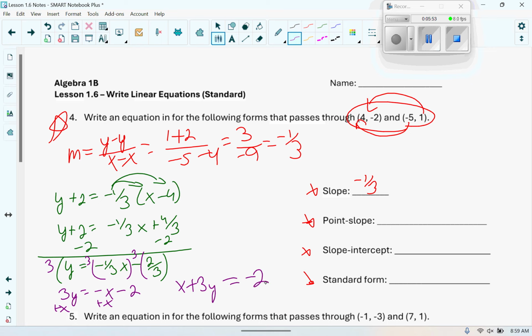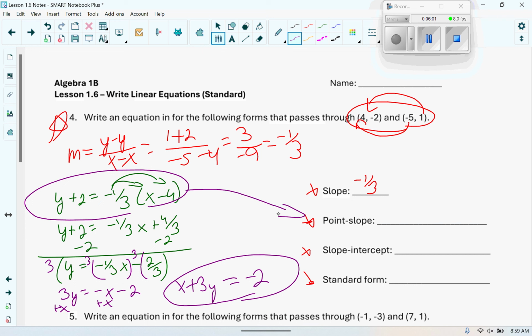I forgot to fill in my different sections. Point slope is here. If you use this other point, you could do that too. It would be y minus 1 equals negative 1/3 x plus 5.